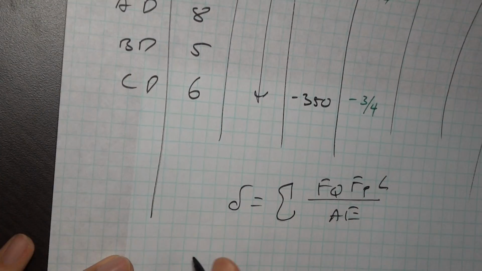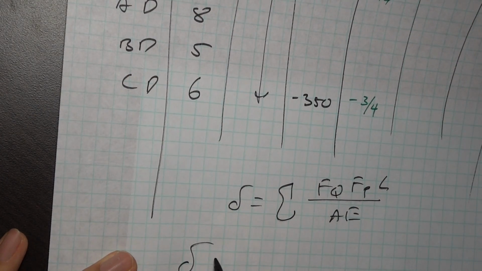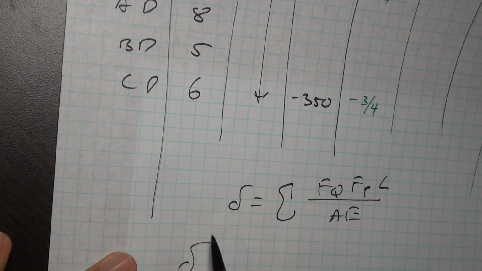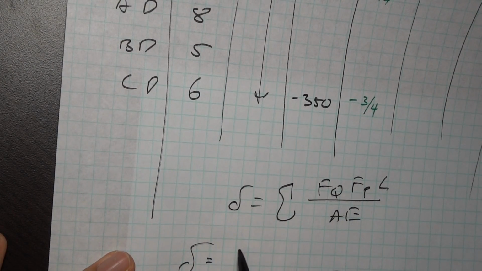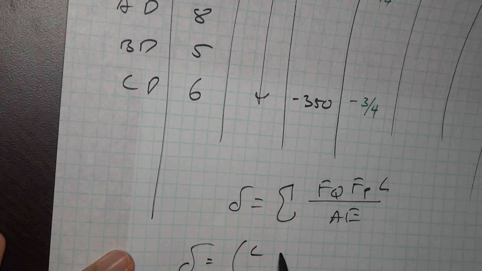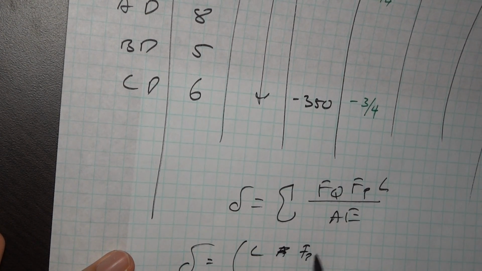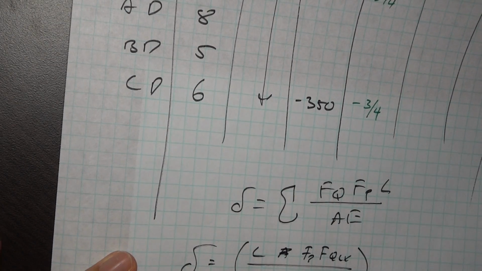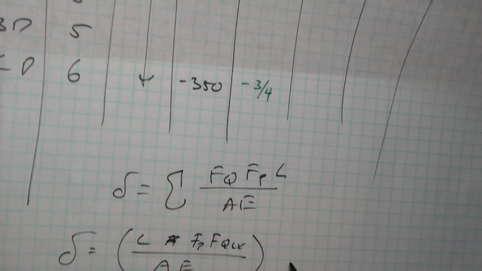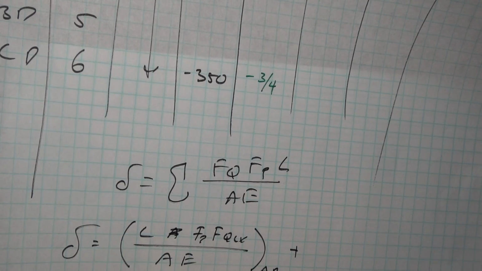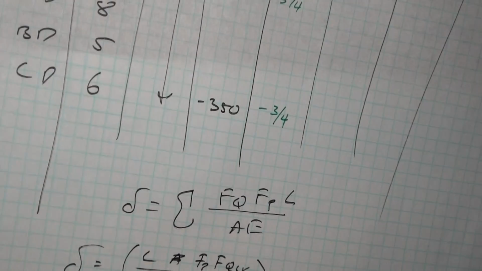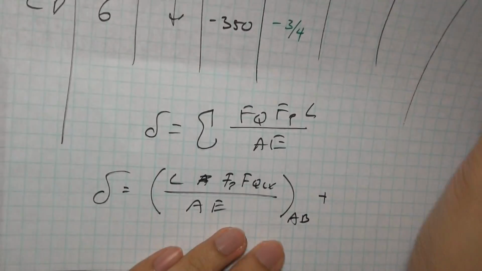And what I would do is multiply everything going across. So for example, I would multiply L, F_P, F_Q_CX over AE for member AB. For BC, I actually did this one already, so I can do that here, and I should use green consistently across this, I'm sorry.